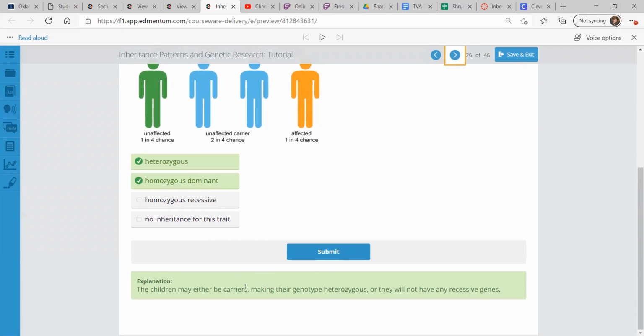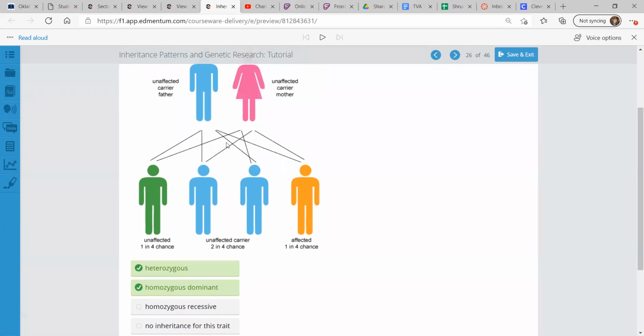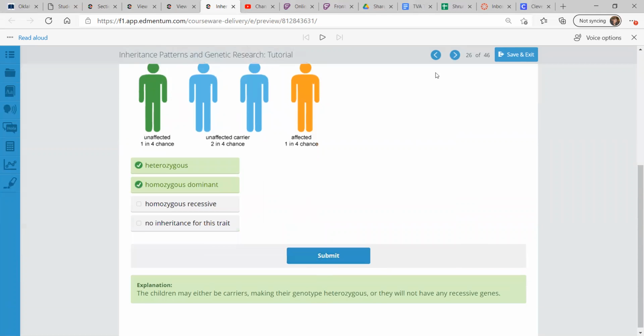The children may either be carriers, making that heterozygous, and they will not have any recessive genes. So think of homozygous dominant as you don't have any of the recessive genes. This guy didn't get any of the recessive genes, so he's not a carrier and he's not affected. He's homozygous dominant. Carriers are heterozygous.